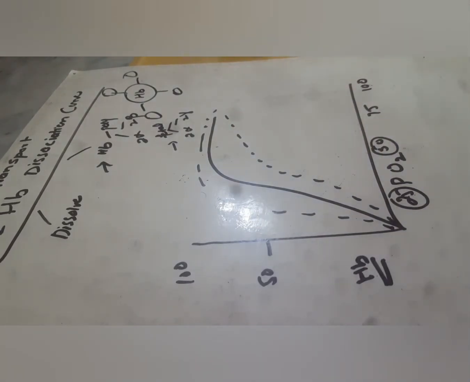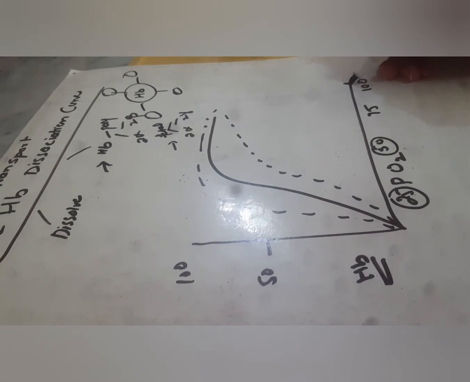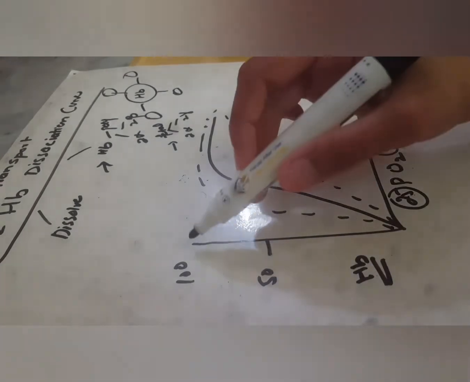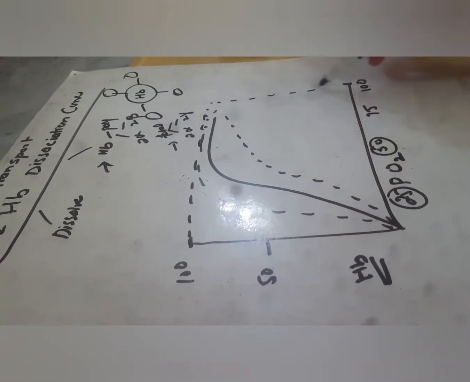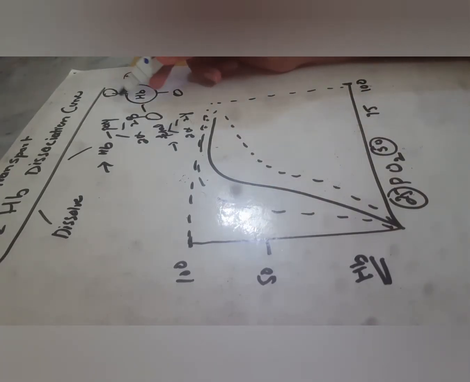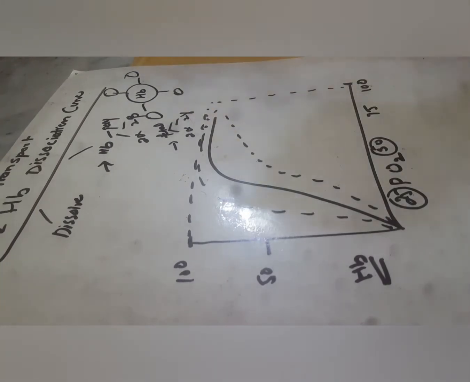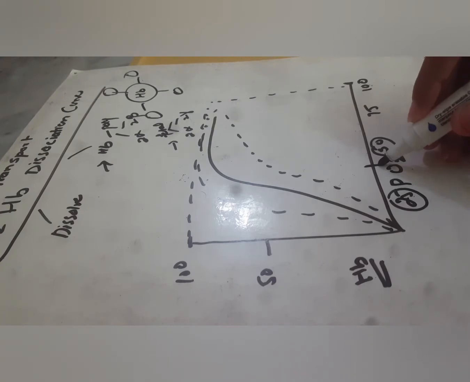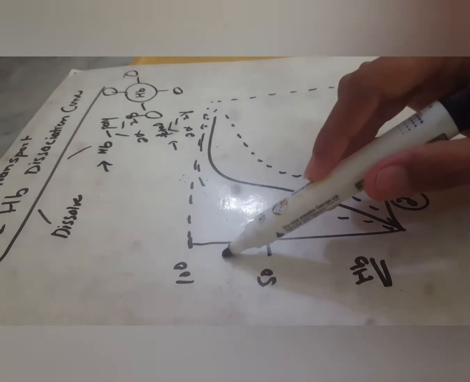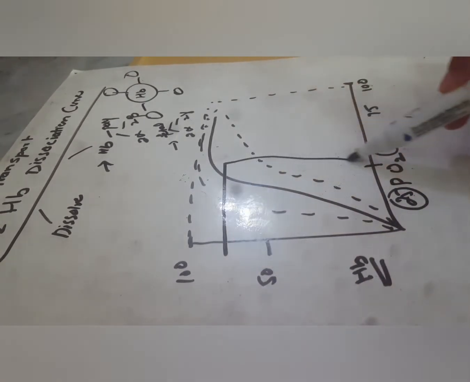Remember, when the oxygen is 100%, hemoglobin is 100% saturated. Both are 100% saturated. It means all the heme groups of hemoglobin have oxygen with them, right? And when it is 40% saturated, 40% oxygen, then hemoglobin is 75% saturated, right?